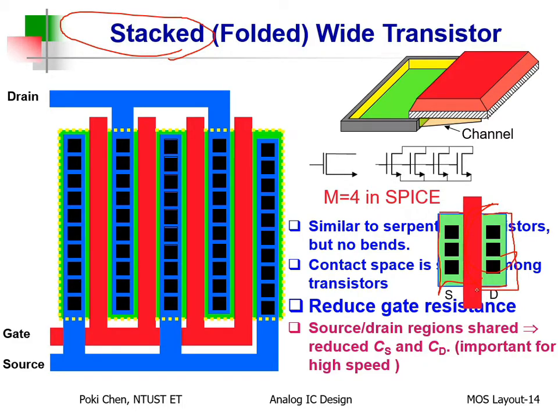Sidewalls with large capacitance, right? But with overlapping, with stacked layout, the inner one, here and there, actually we reduce the parasitic capacitance very much. Got it? That's it.